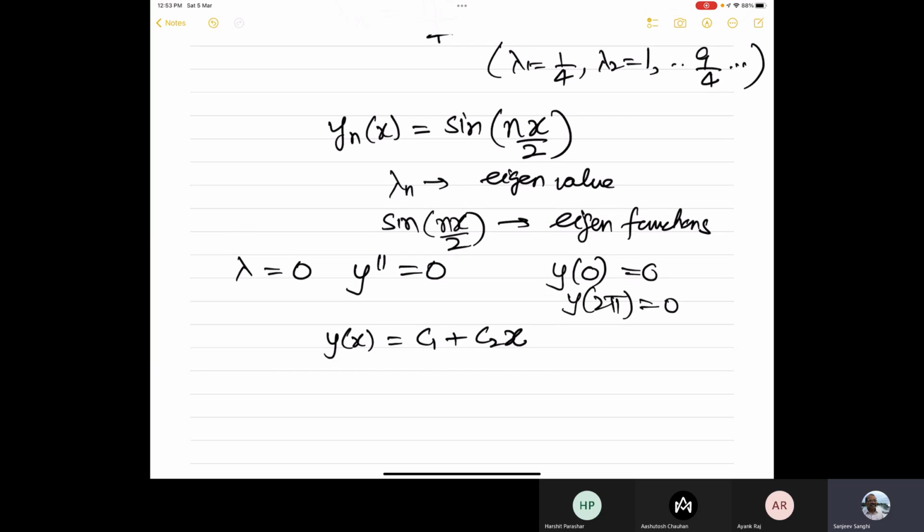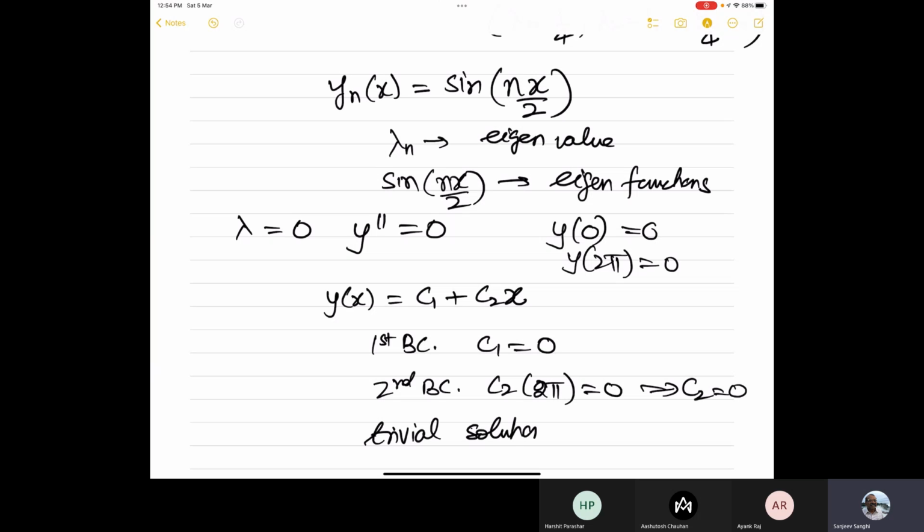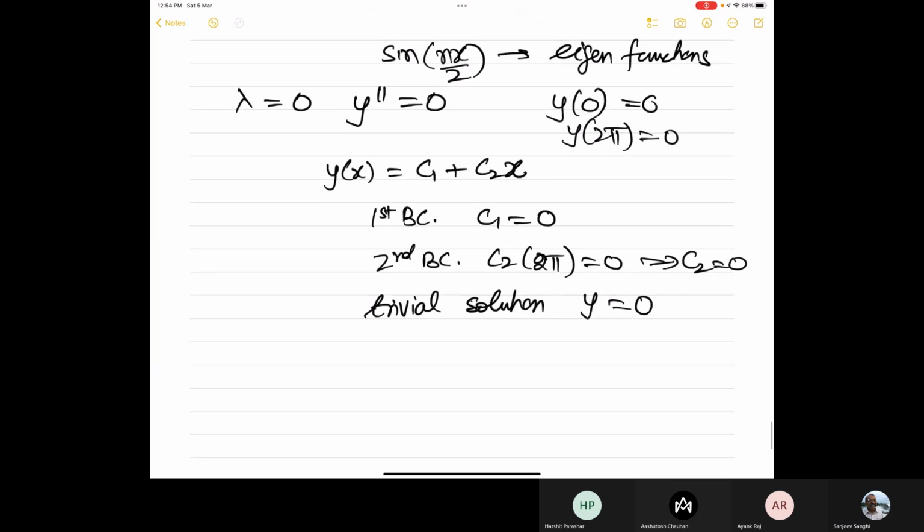The first boundary condition will give us c1 is equal to 0. The second boundary condition will give us c2 times 2 pi is equal to 0. This will imply c2 is equal to 0. So if lambda is equal to 0, we can only have a trivial solution y is equal to 0. We cannot have a non-trivial solution.